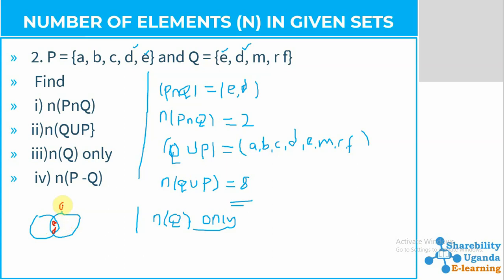If this was our Q, if this was our P, then the members which are remaining, we have our M, we have R, and we also have F. Also here we have our A, we have our B, we have our C. Okay, so if we are to present that set on a Venn diagram, this is how it was going to look like.